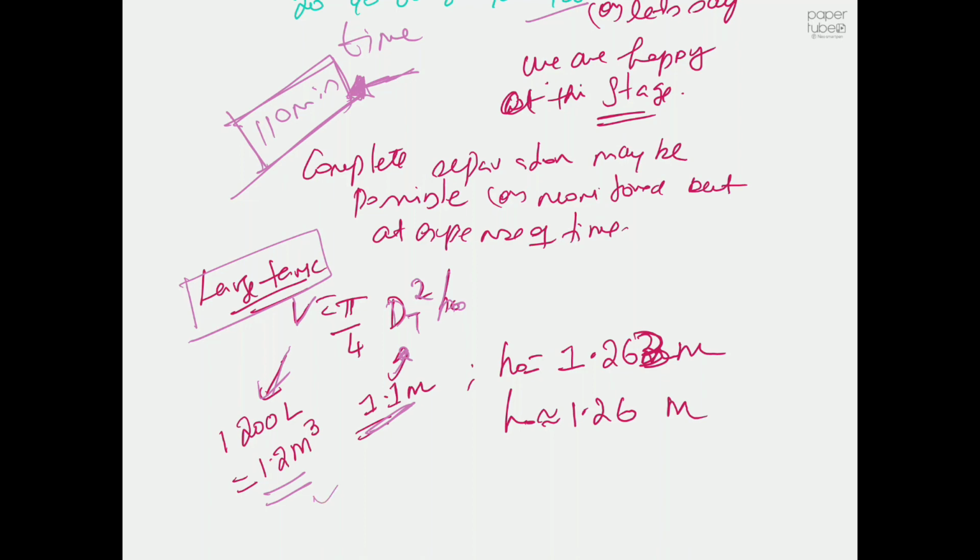If you substitute both of these values, from there we can get the H0, which is the height of the dispersed phase. And then from this we need to calculate the time that we need to separate in the larger tank, starting from a height of 1.26 meters.